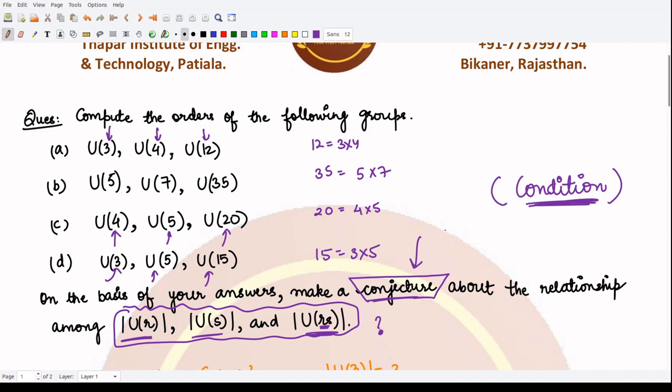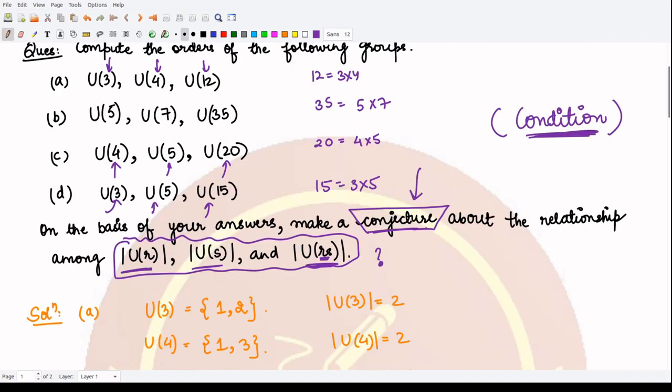Okay, now let's first of all compute the orders of the following groups. For the first part, we first of all know what kind of elements are present in U of n. The elements present are those less than n such that x and n are relatively prime to each other.